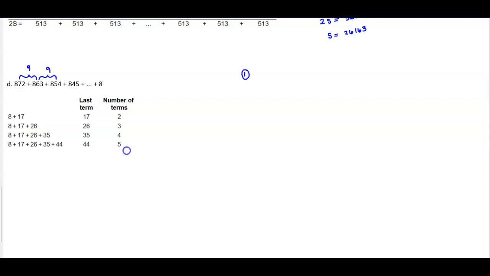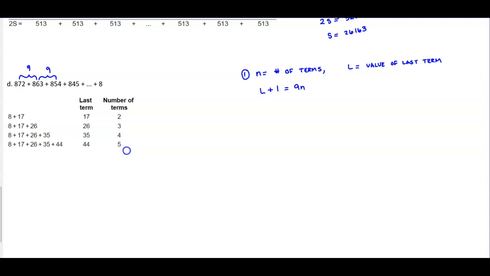So we're going to let n represent the number of terms, and we're going to let L represent the value of the last term. So we end up getting L plus 1, which is equal to 9 times n.